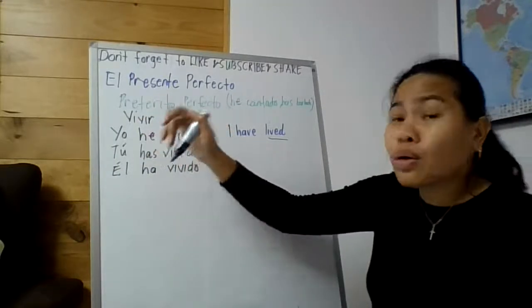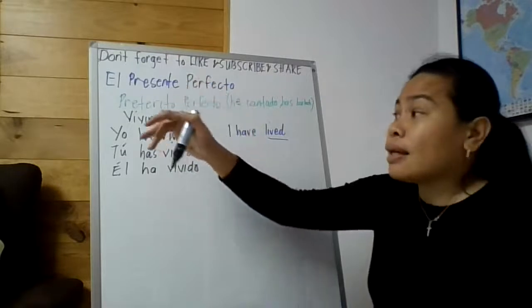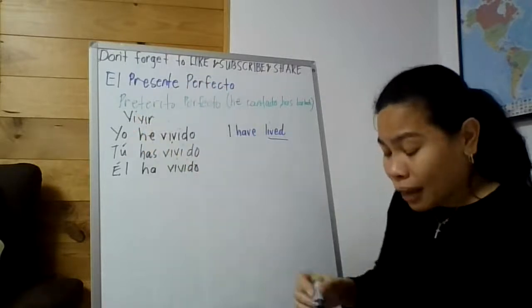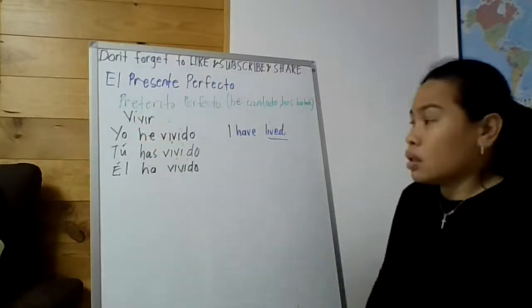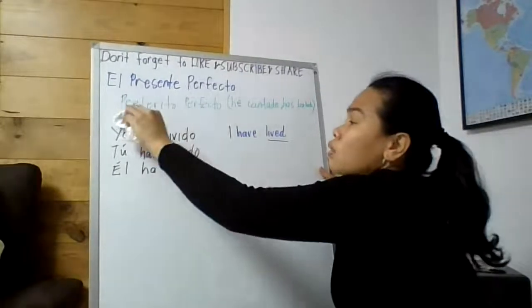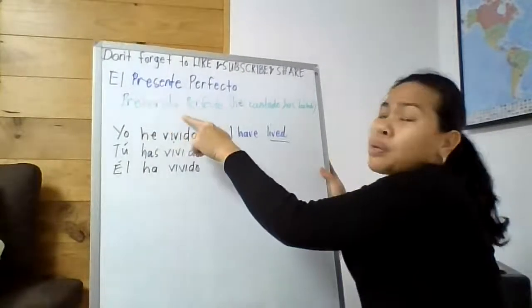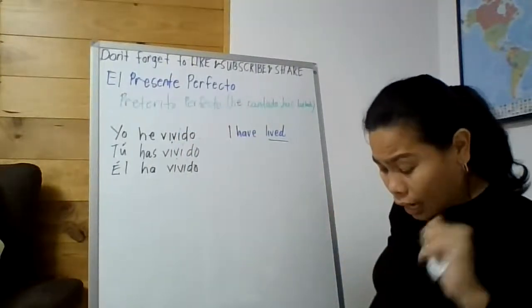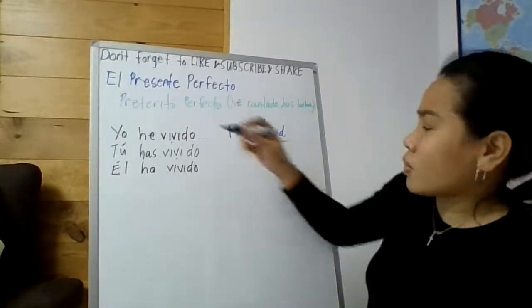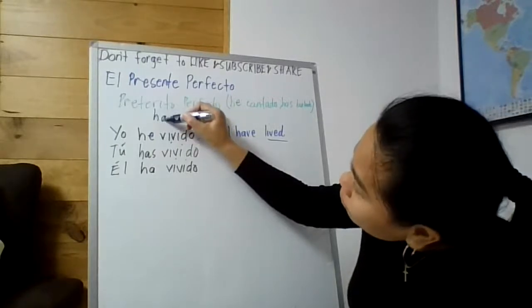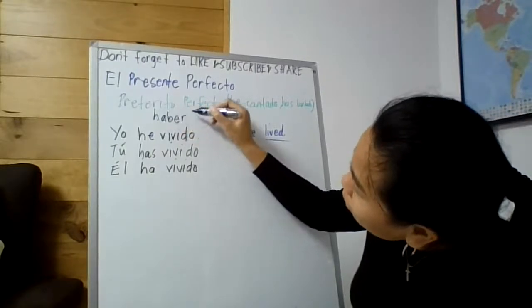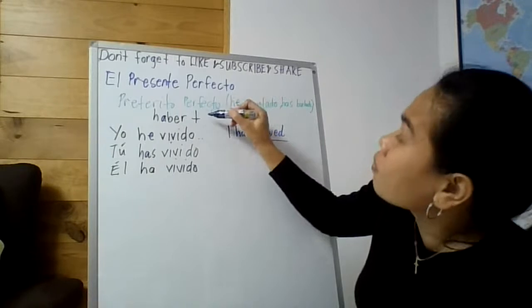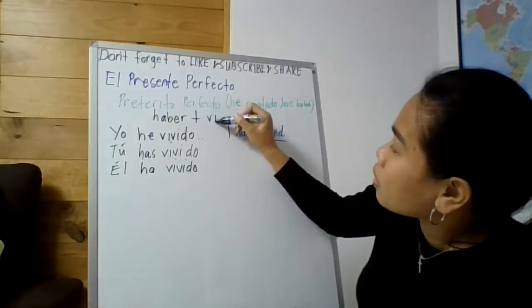So, ano yung verbo na ginamit natin? Is verbo haber plus vivir. Wait lang. Para makita nyo. Kasi, ginagamit kasi natin yung preterito perfecto na verbo haber plus vivir.